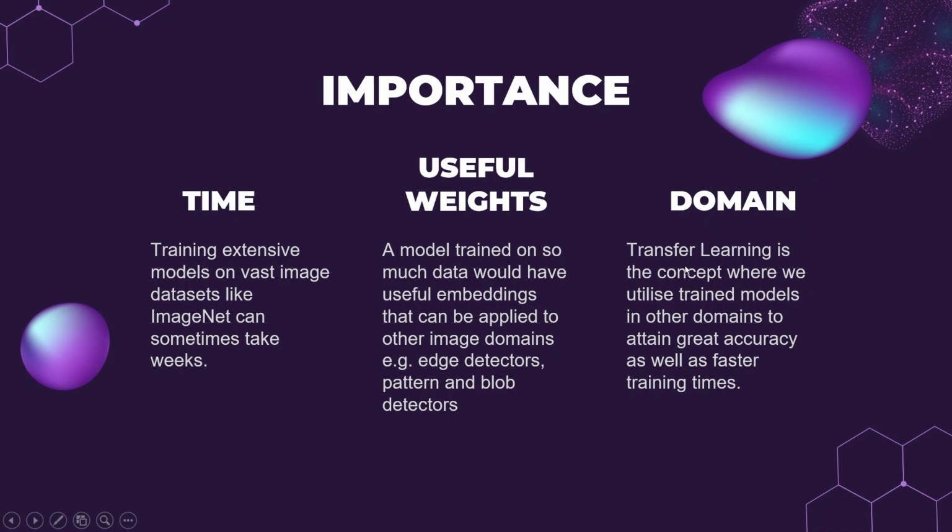Now, domain. Let me read this definition, then I will explain. Transfer learning is a concept where we utilize a trained model in another domain to attain greater accuracy as well as faster training time. Let me give you an example. Suppose there is a model already trained on a huge data set which contains classes like car, truck, laptop, fan, etc. This domain is different from medical imaging, where we use a model for the detection of cancer or a brain tumor.